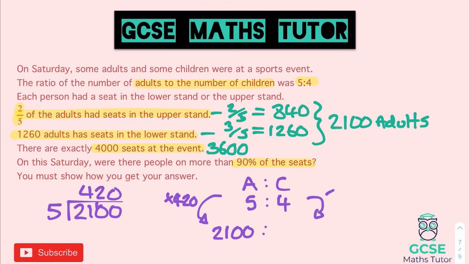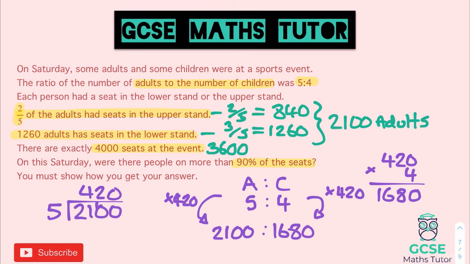So there we go, timesing each of these by 420. 4 times 420, and you can just work that out to the side. Well done if you're sitting at this point thinking you've already got this. 4 times 0 is 0, 4 times 2 is 8, and 4 times 4 is 16. So we have 1,680 children.